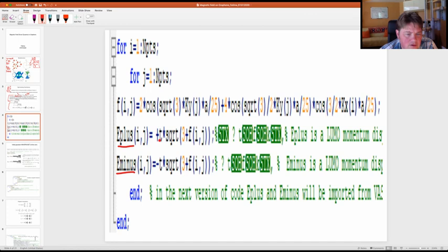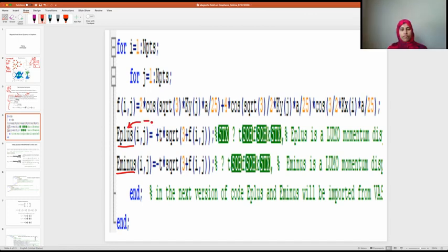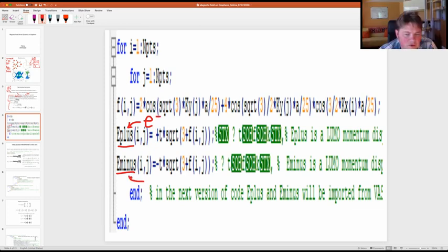Yes, negative for holes and positive for electrons. So this one is electron and this one is for holes. So E plus is LUMO and E minus should then be HOMO.